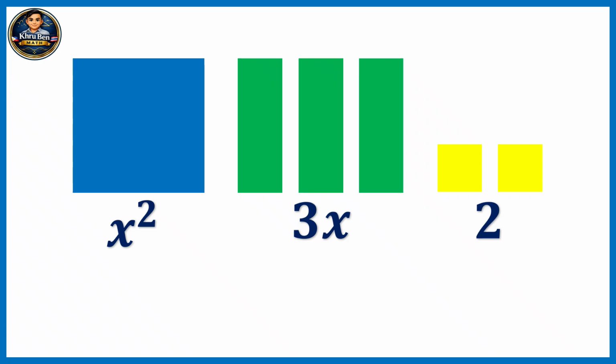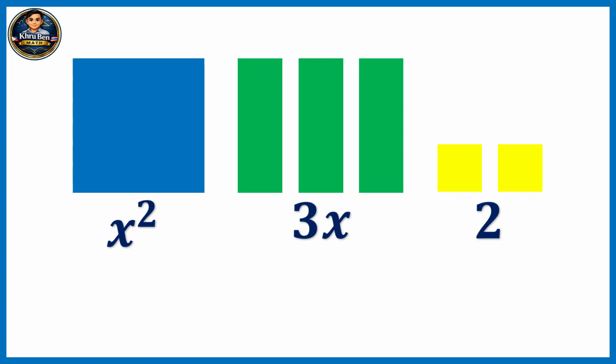For example, suppose we have one x squared tile, three x tiles, and two unit tiles. The x squared tile represents x squared. The three x tiles represent 3x. And the two unit tiles represent 2.